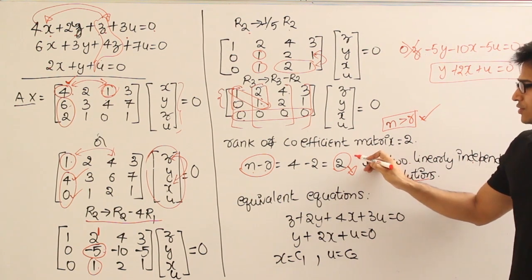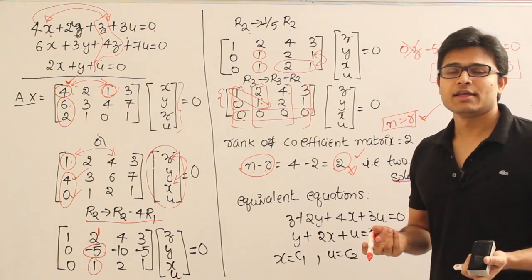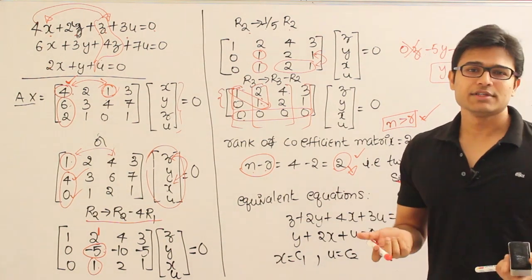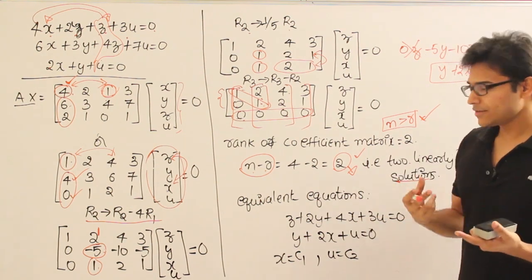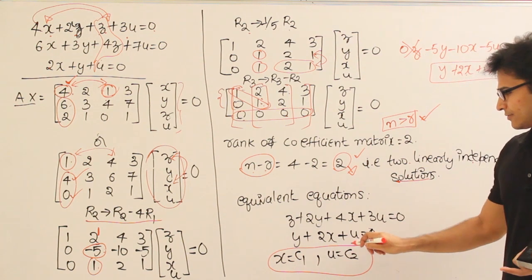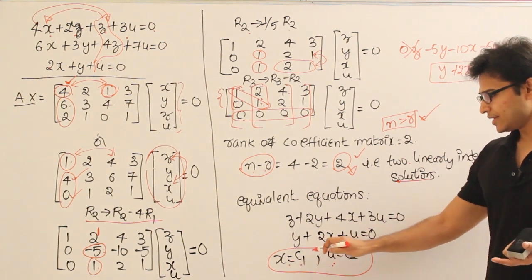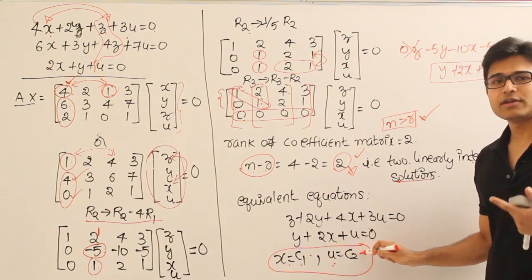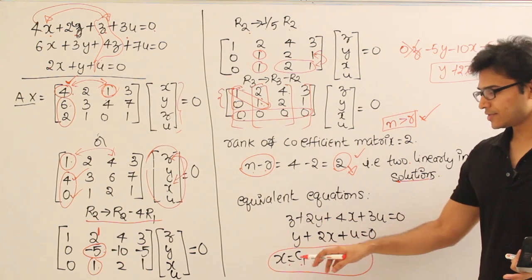Which two unknowns you want to select in order to assign the random variables is up to you. You can select any. So I'm just choosing these two, x and u, assigned c1 and c2. Now I rewrite the others, y and z, in terms of x and u.